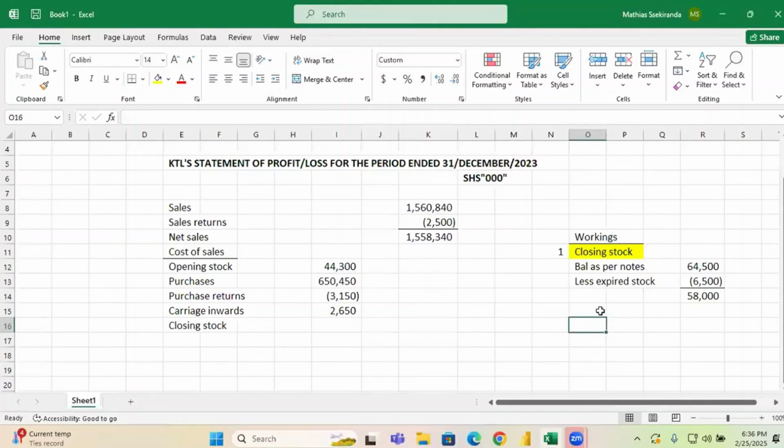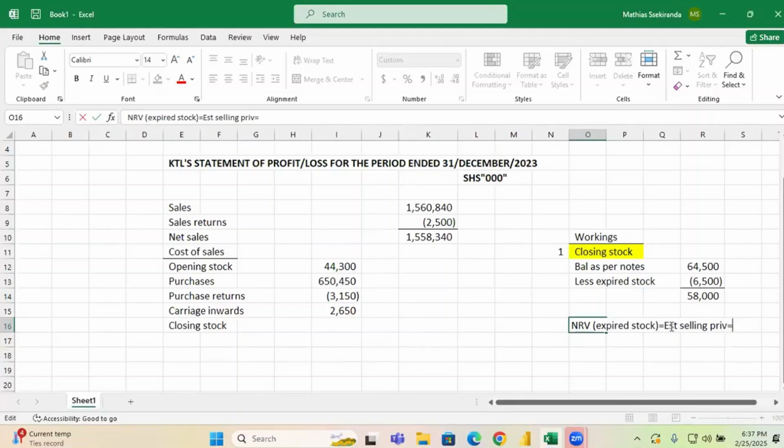So what is the net realizable value of the expired stock? Remember, net realizable value, for those that have attended classes, we said it is equal to estimated selling price minus estimated costs to sell.